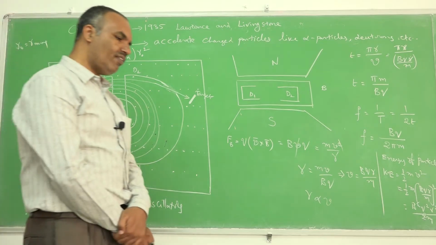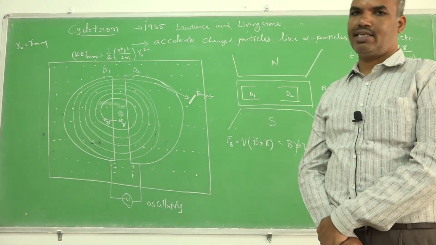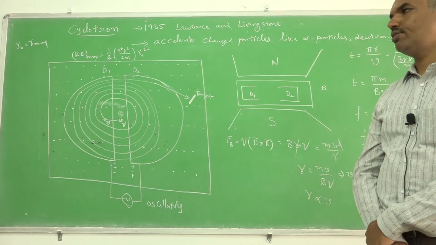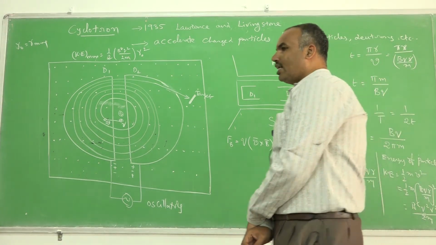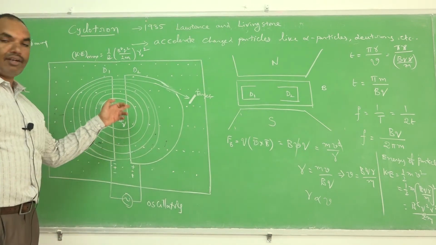Electrons have very, very small mass, 9.1 into 10 power minus 31 kg, very negligible when compared to protons. Such a small mass particle cannot be accelerated here.